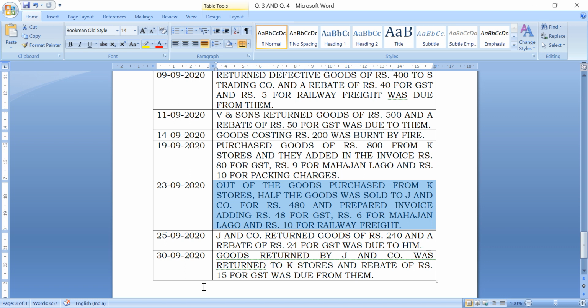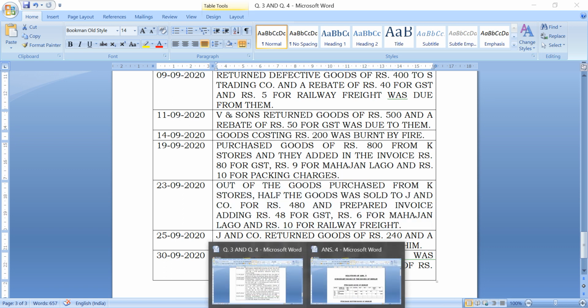Out of the goods purchased from K Stores, half the goods sold to J and Company for 480 rupees. Goods are sold for 480 rupees. And it is an entry of sales book.